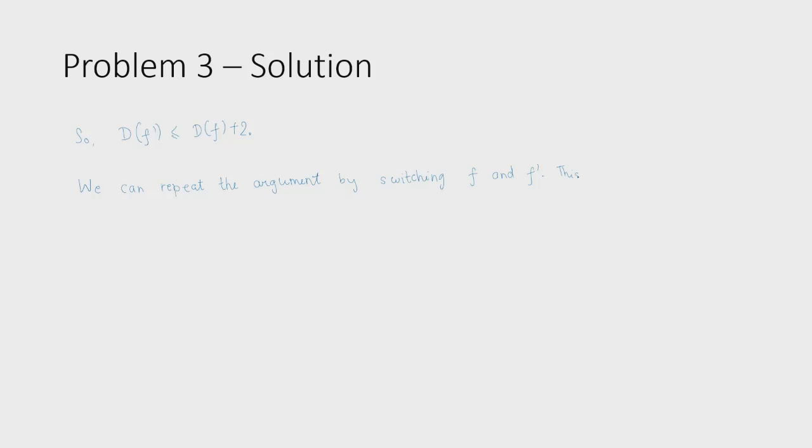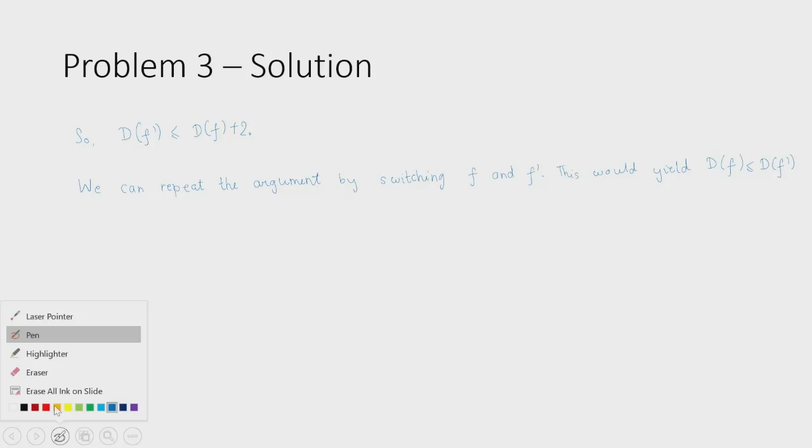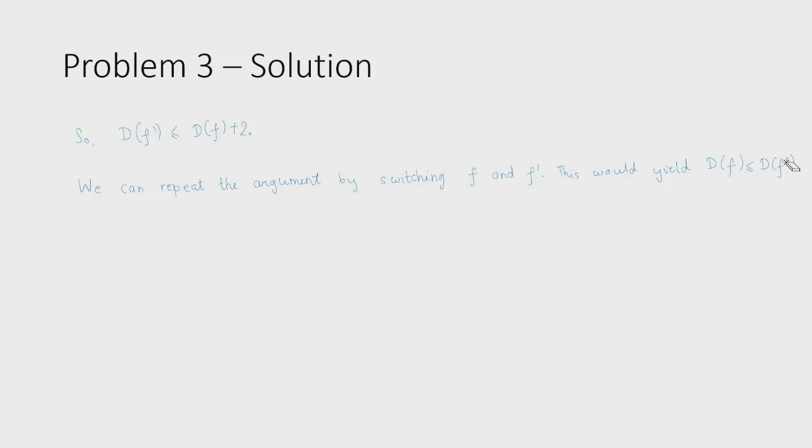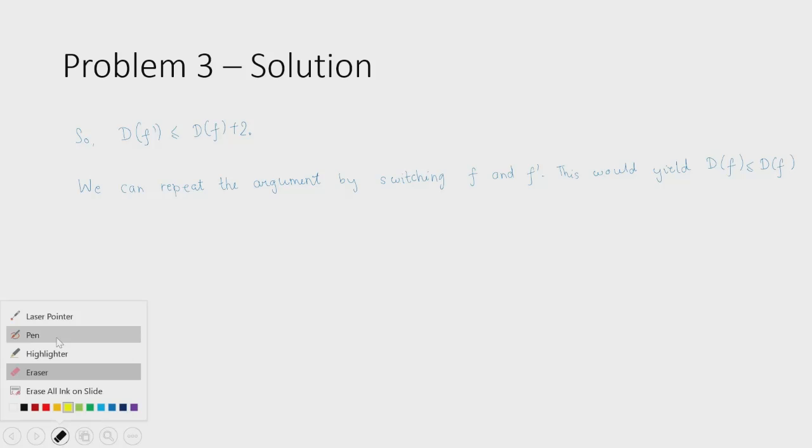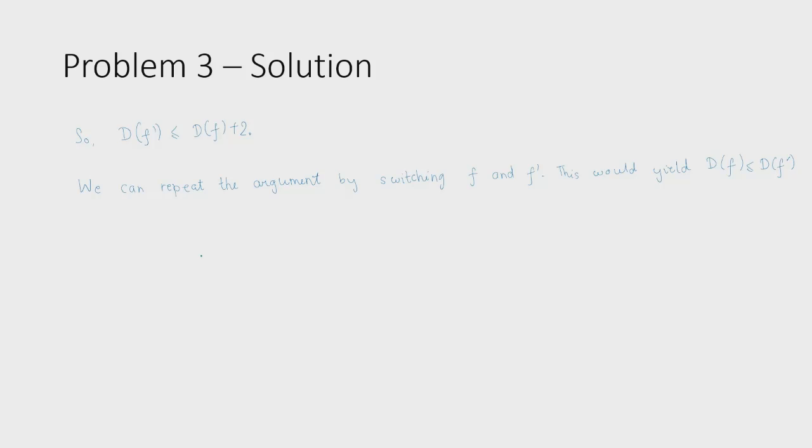This would give d of f is less than or equal to d of f prime plus 2, right?